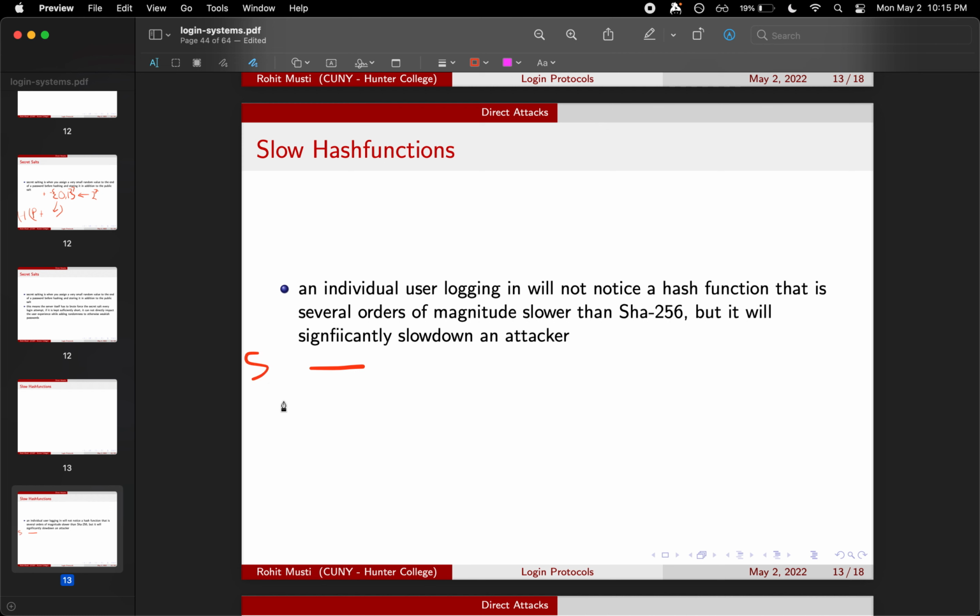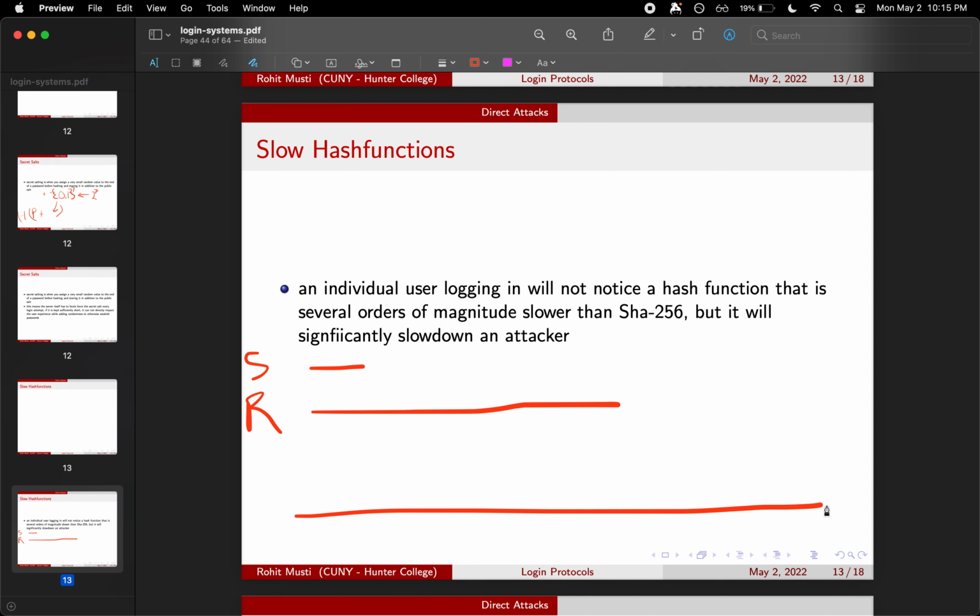This is SHA. Then you have the slow one, call it R, and the slow function takes like that long. For a single password, both of those are way less than a second, right? But if you're an attacker, doing this one 1 trillion times is way faster than doing this one 1 trillion times.